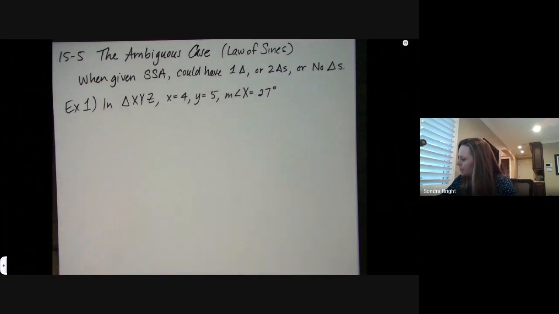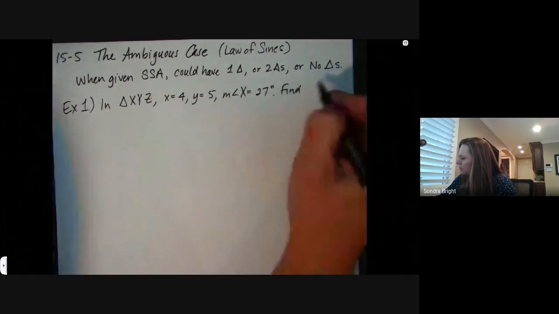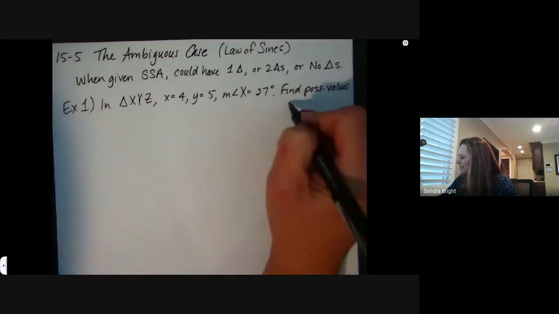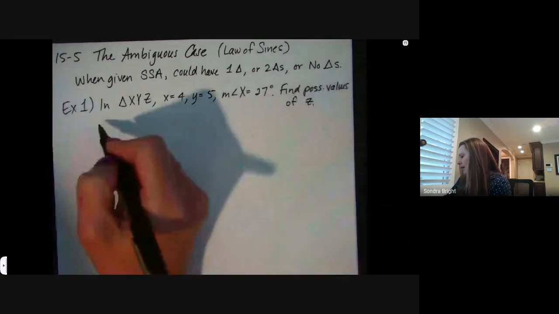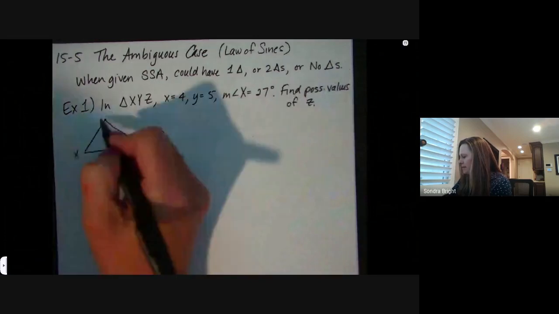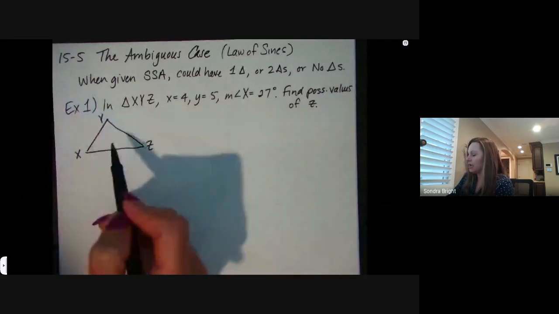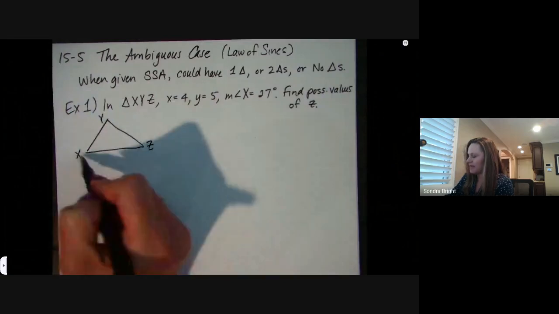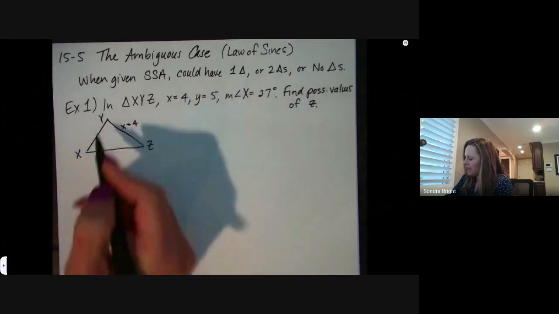All right, so we're going to find just the possible values of side z. I always start off by drawing a triangle. It helps me visualize it. Does it matter which way you label your triangle? No, as long as you realize that if this is angle X, side x is opposite that angle, and if this is angle Y, then side y is opposite that angle.